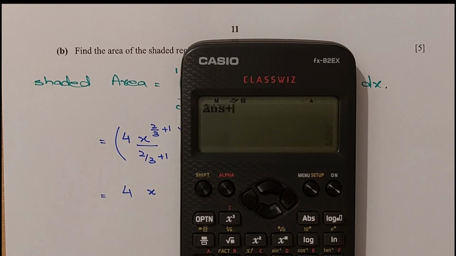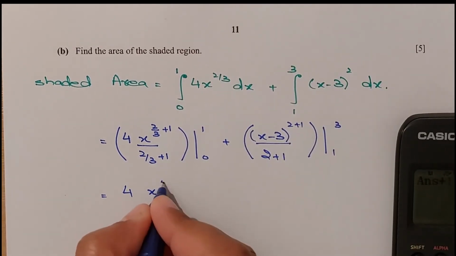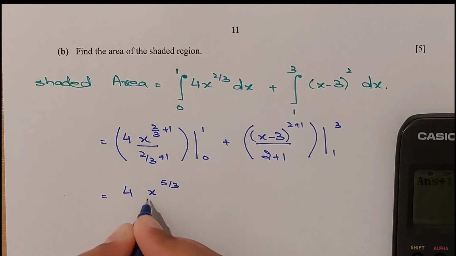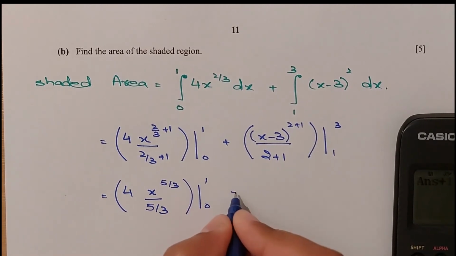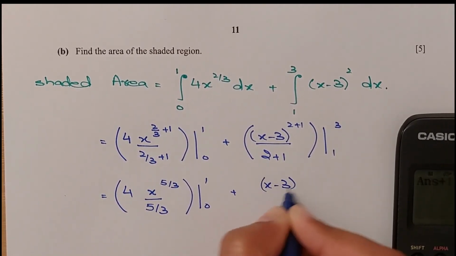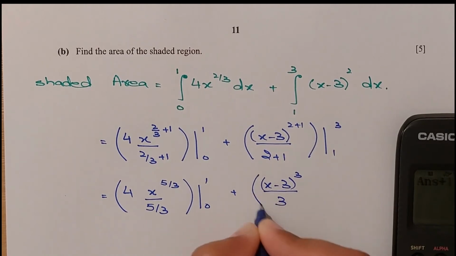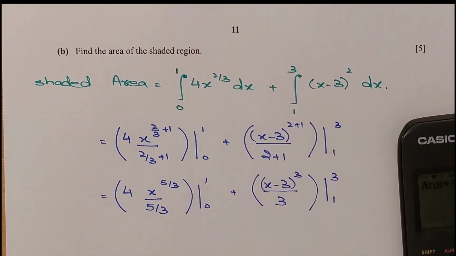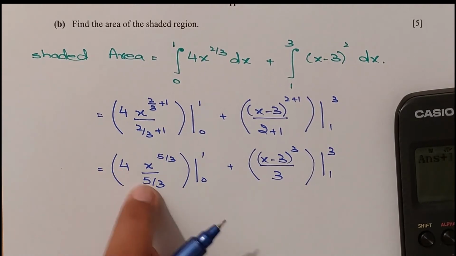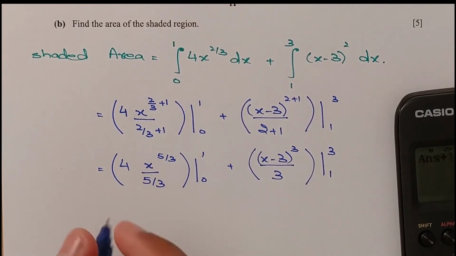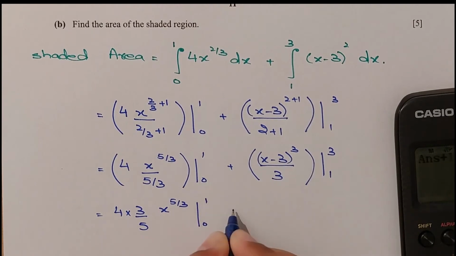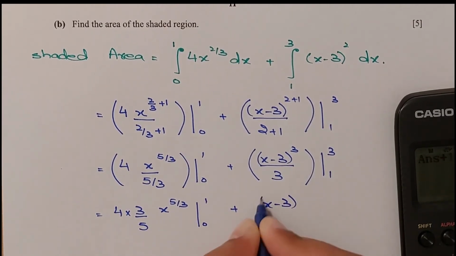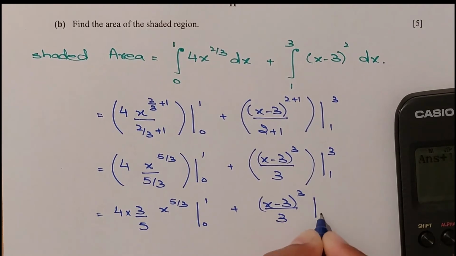It is 5 by 3, divided by 5 by 3, between 0 to 1, plus (x minus 3) cubed over 3, between 1 to 3. So we have 5 by 3, taking the reciprocal, we have 4 times 3 by 5, x to the exponent 5 by 3, 0 to 1, plus (x minus 3) cubed divided by 3, 1 to 3.